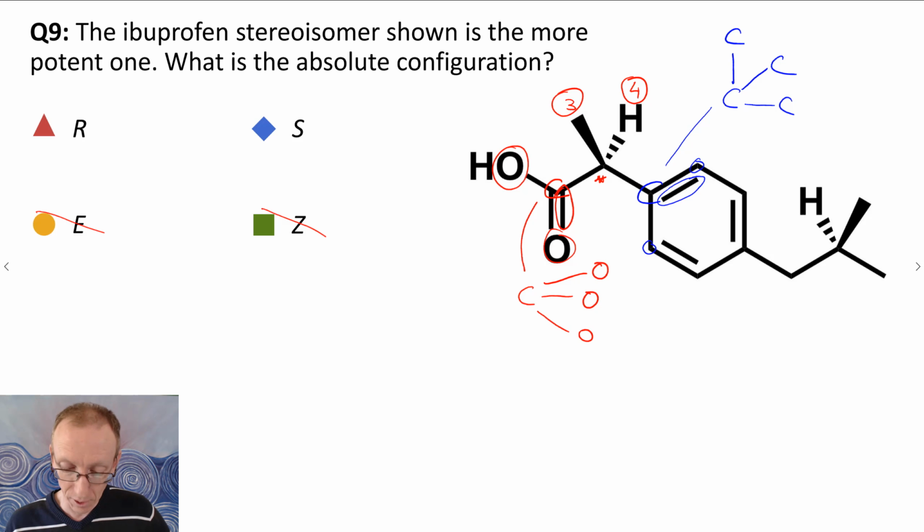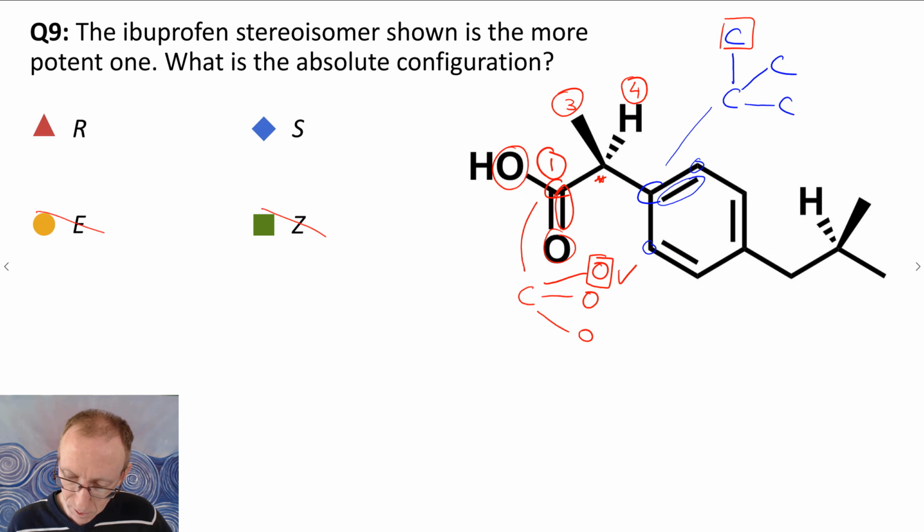We look for the first point of difference, prioritizing the highest priority through to the lowest priority. This case is very simple because they're all the same atoms. There's no difference in priority. So we've got an oxygen versus a carbon. So this side wins. So this will be the higher priority substituent, and this will be the lower priority.